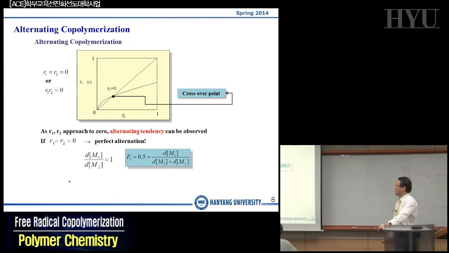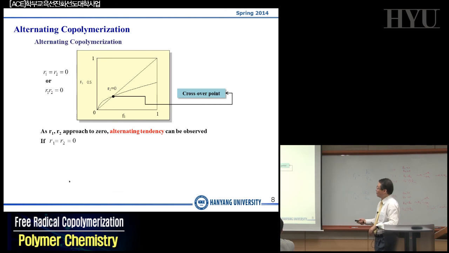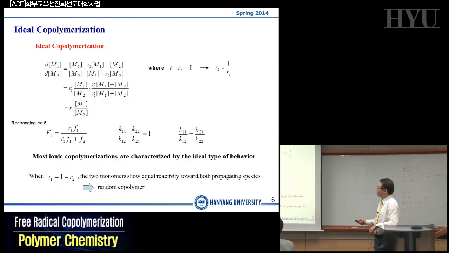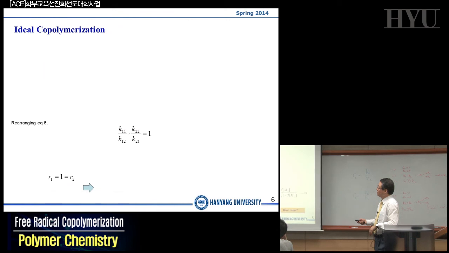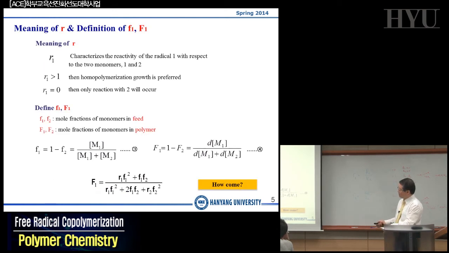Here, in this case, when we have a perfect alternation, because R1 and R2 are equal to 0, dm1 over dm2 is equal to 1, or large F1 is 0.5, because if you go back to your copolymer equations, now R1 and R2 are equal to 0, so you can cancel this out, R1 here, and F1, F2 will be cancelled out.